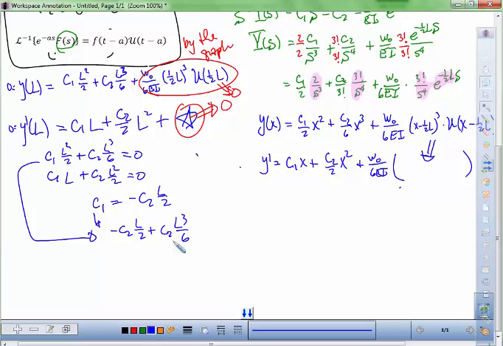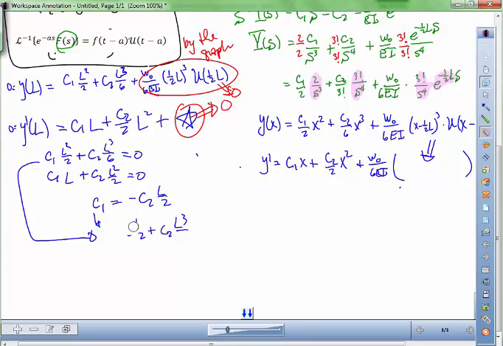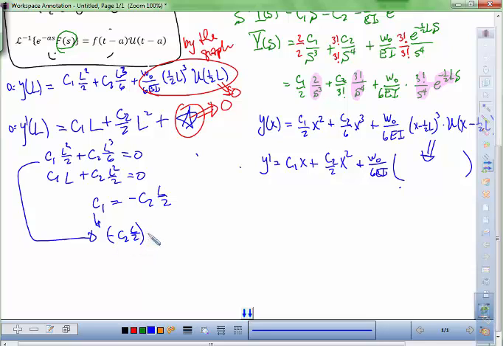Oh, is that going to help? So C1 is negative C2 L over 2 times L squared over 2. Yeah.